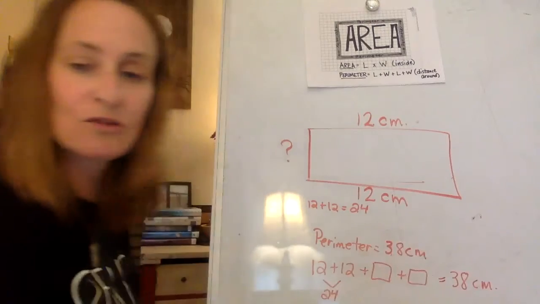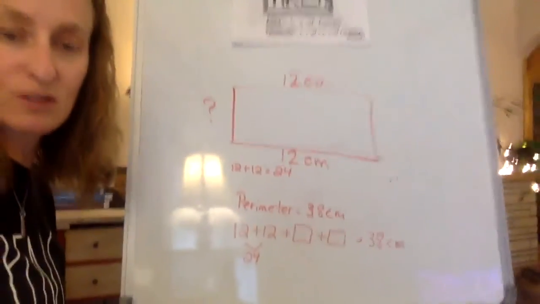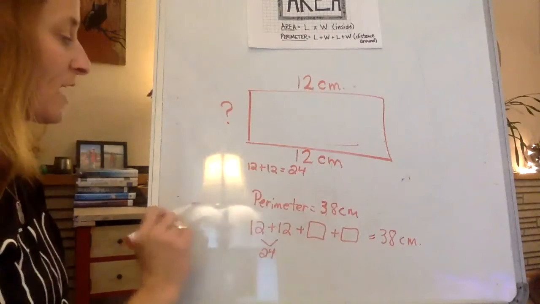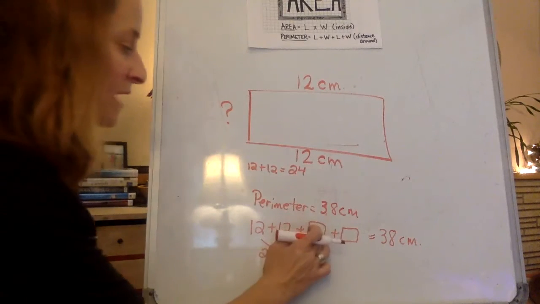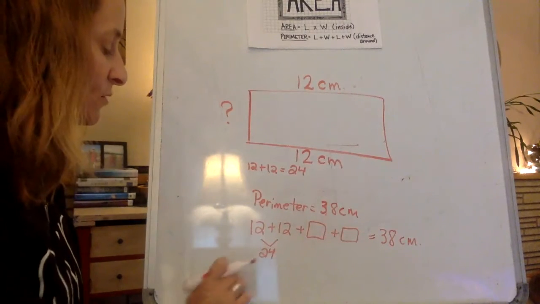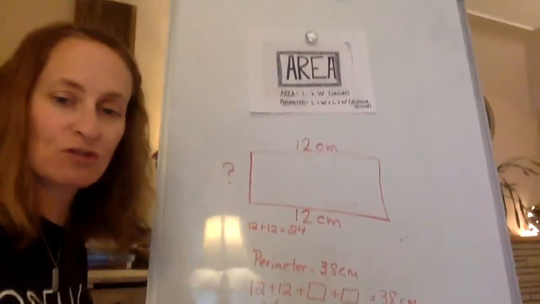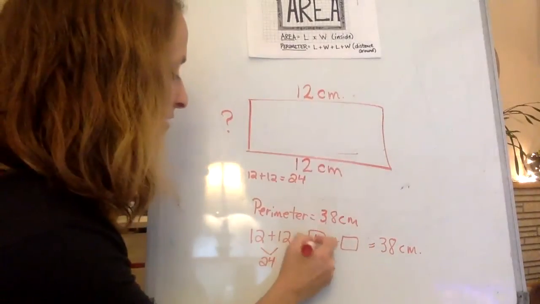I don't want to tell you every single way to do it. I can share with you one way, but you might come up with different strategies, okay? So if I put a 2 and a 2 in here, that would be 4. 24 plus 4 is 28. That's not enough. What if I tried 6?